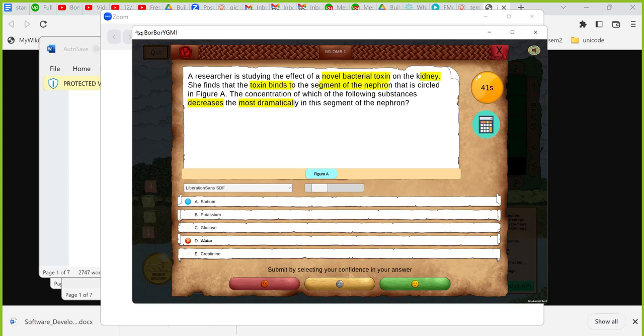So how about glucose? Maybe glucose or sodium but not potassium. So glucose, if you had a high enough concentration of glucose, you might exceed the capacity of your body to reabsorb glucose.